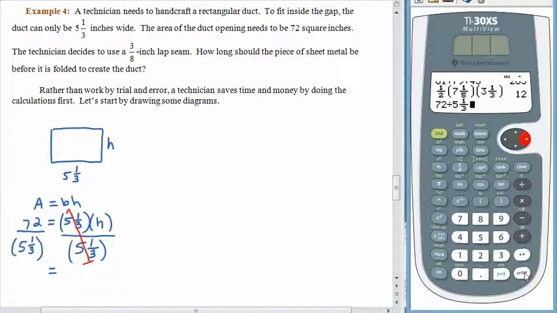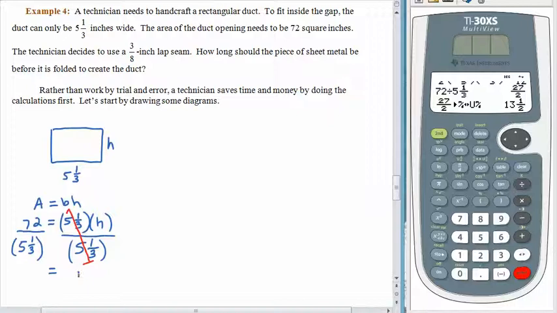But this calculator is kind of nice. So there we go. We have 27 halves. If you want to see that as a mixed number, you know the converter is right here, and that would be 13 1/2. So we have now just found out that H is equal to 13 1/2, and of course those are inches.